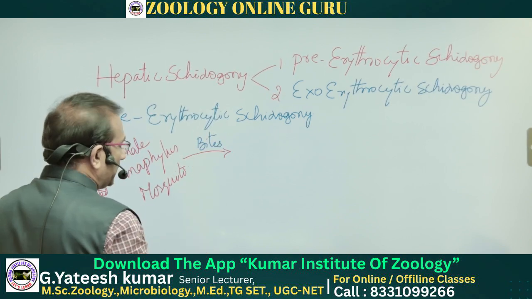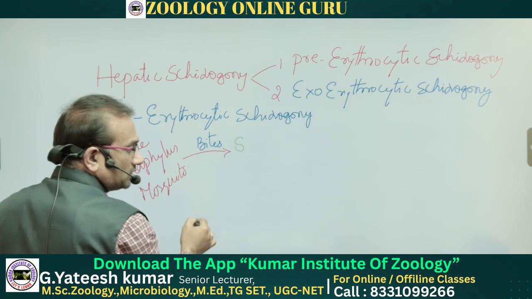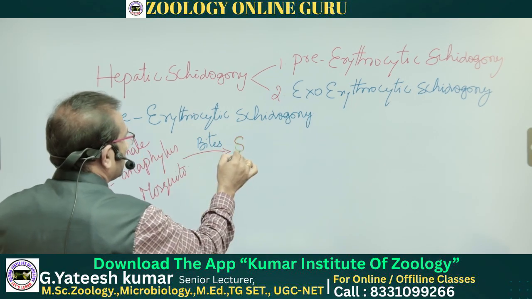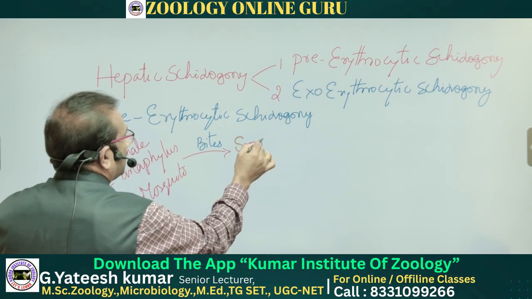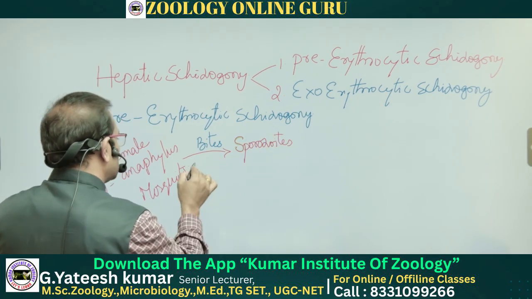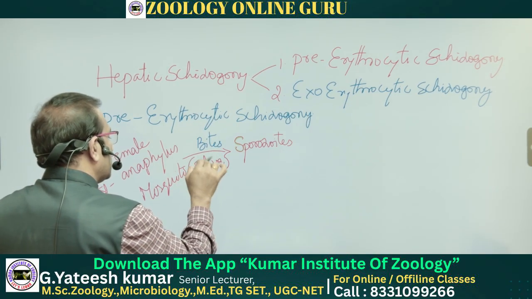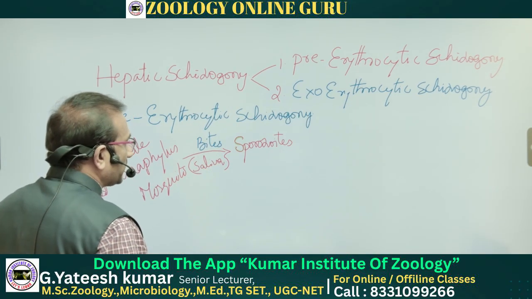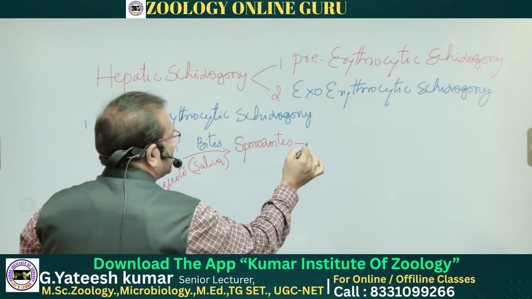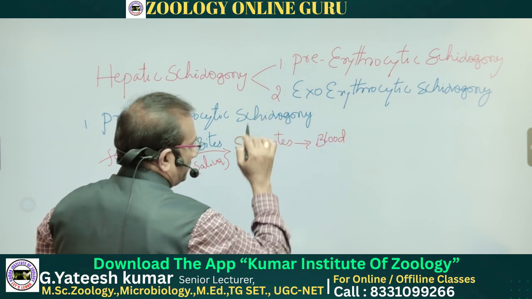a healthy human being, the sporozoites present in the salivary glands, in the saliva, are released into the blood. They enter into the blood.